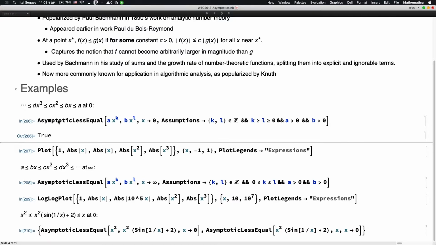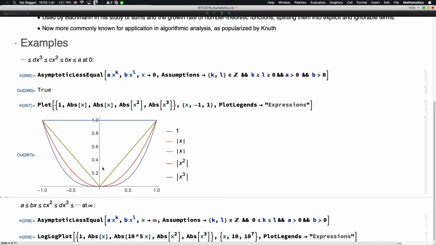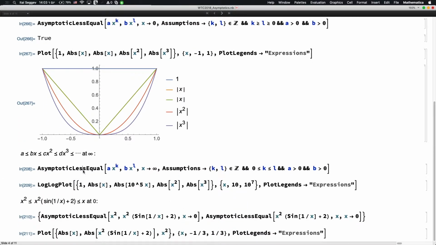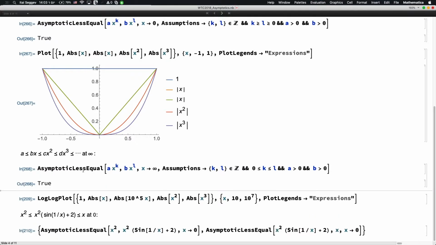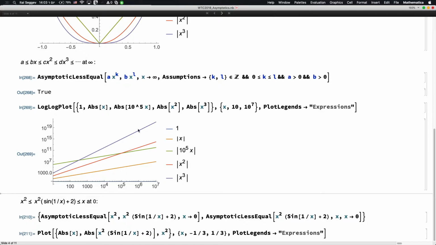So, some very simple examples. If you have some monomials at 0, then each power makes it asymptotically smaller than the previous one. So x to the k is less than x to the l if k is greater than or equal to l, because you're going to 0 faster.